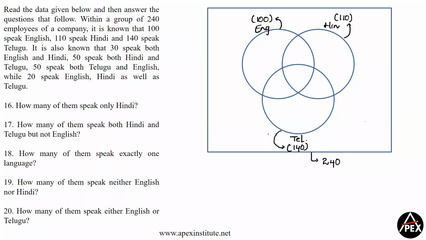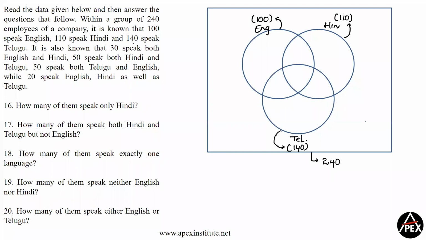So please understand the difference between only Telugu and Telugu. When it is said Telugu, these 140 people will be in this region. If it is given that these 140 speak only Telugu, then you will be considering only this region. So please understand the difference between these two, Telugu and only Telugu.